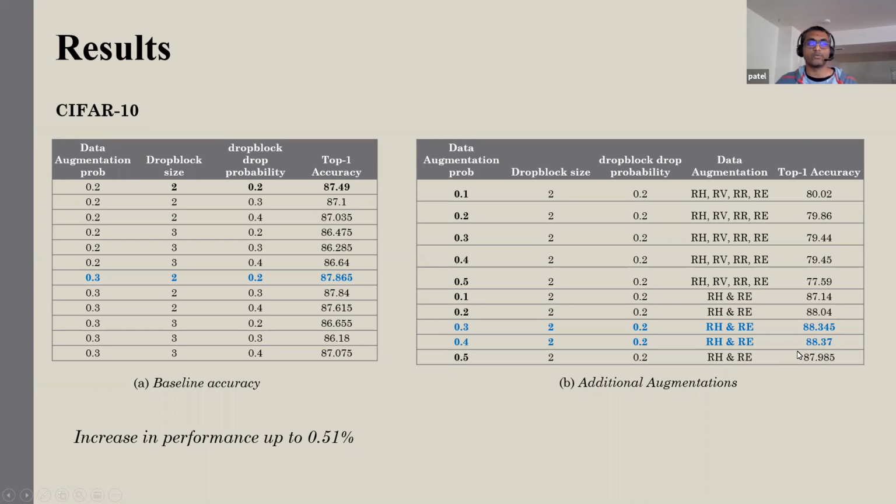So accuracy increased by up to 0.51%. And when we throw in additional transformation augmentations, it just brings down the accuracy. That means that along with random erase, if you keep adding transformations, it doesn't help the network improve.